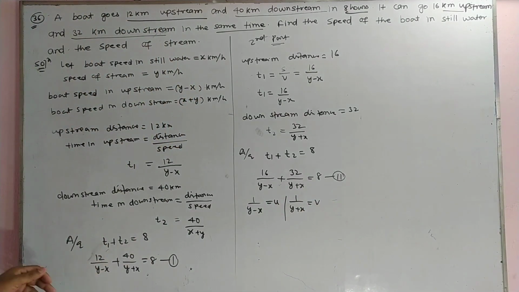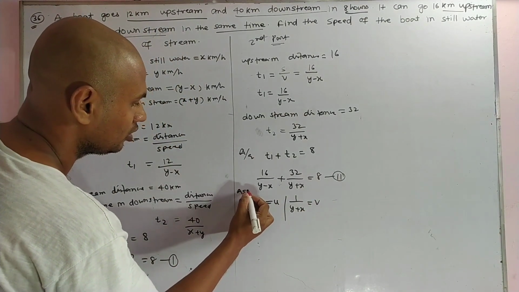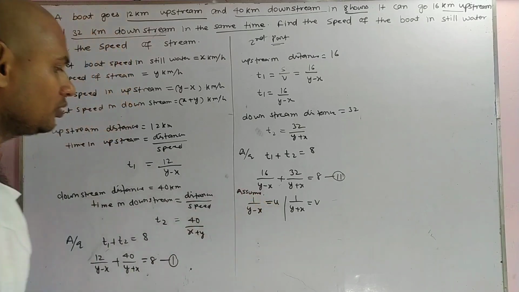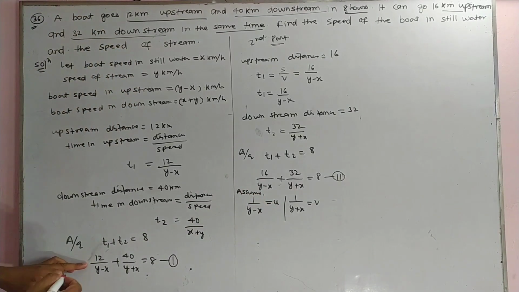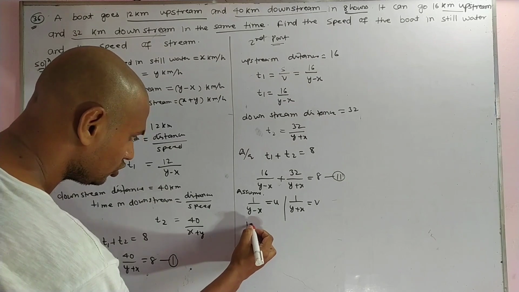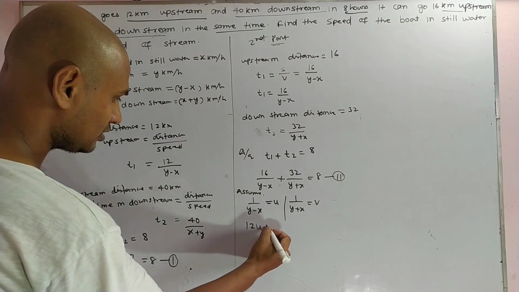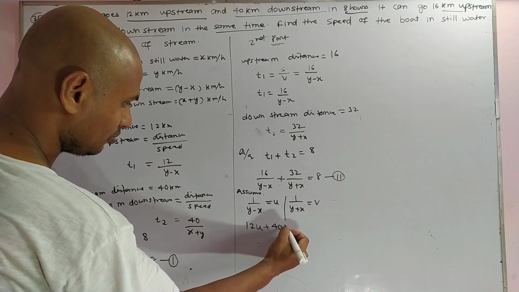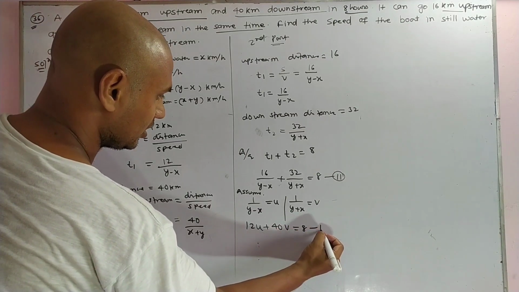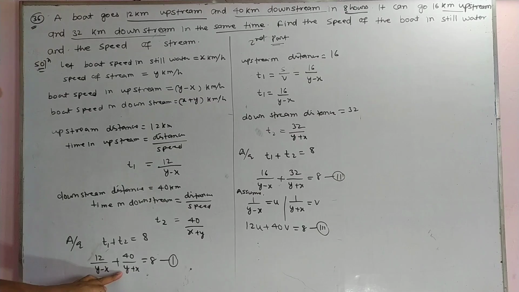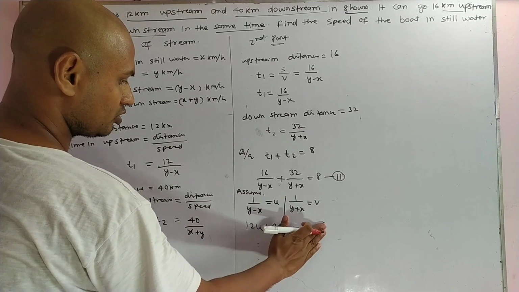And after putting it in equation 1, you get 12u plus 40v equal to 8. That will give equation number 3.